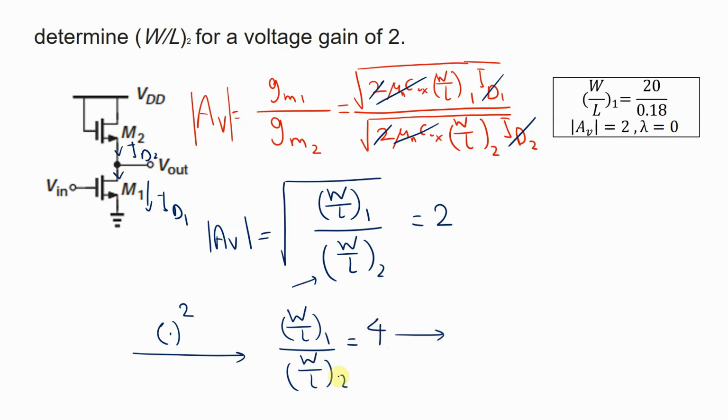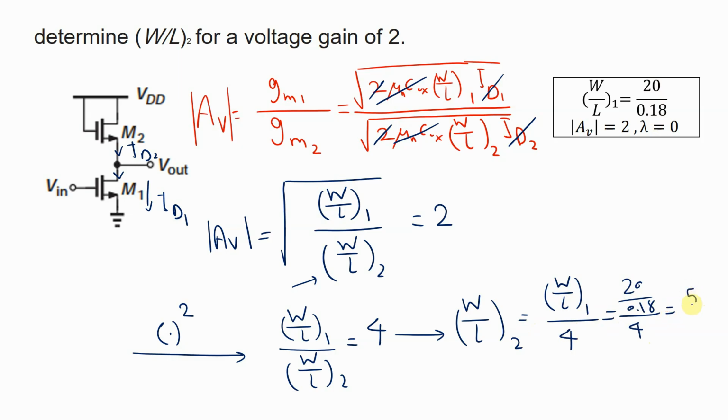Now you can calculate W over L2, which is equal to W over L1 divided by 4. Here this one is 20 divided by 0.18, divided by 4. 20 divided by 4 is 5, so 5 divided by 0.18. And this is the final result for W over L2.